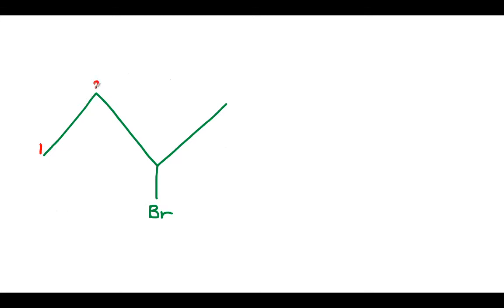I could go 1, 2, 3, 4, or 1, 2, 3, 4, and I want the bromine to have the lowest possible number. So I'm going to get rid of this left to right numbering and just go from right to left. My longest parent chain is butane, and this bromine is on the second carbon of that butane. So it would be 2-bromobutane.